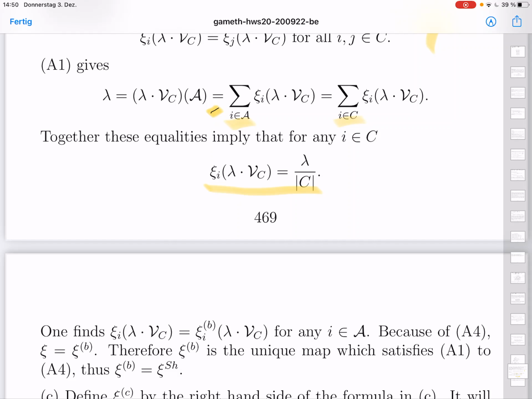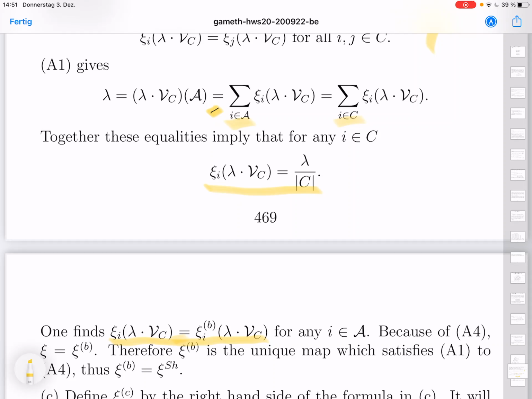So then we find this equality for any i. And now the axiom of additivity tells us that these two maps are the same. So all the entries are the same for these special collision valuations.